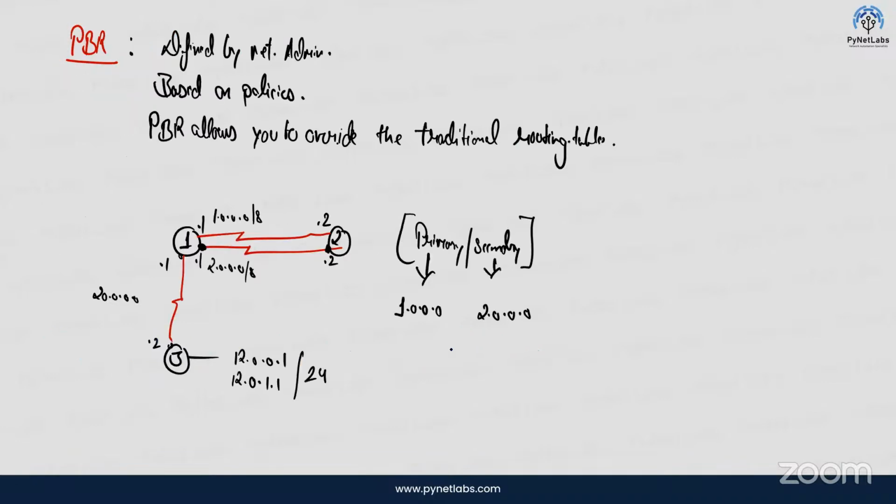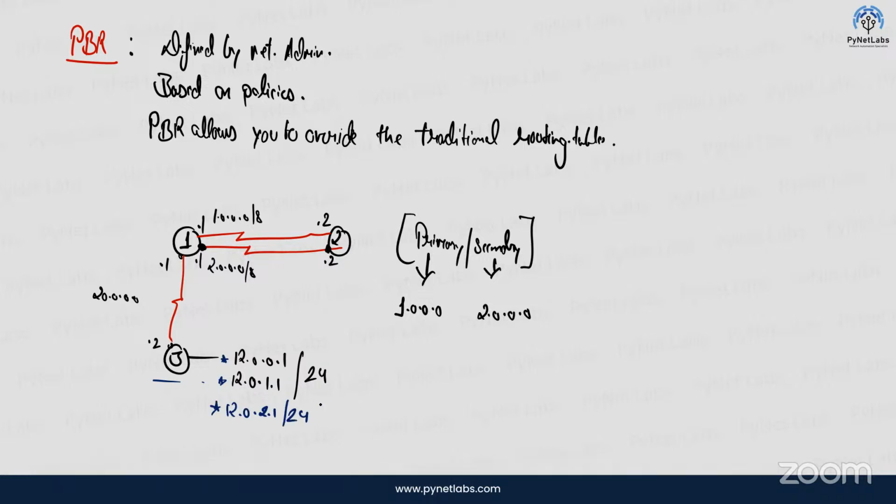Suppose I am going to define one policy on router number 3, where there are two networks, 12.0.0.1 and 12.0.1.1. Or let's say there is one more loopback, 12.0.2.1/24.